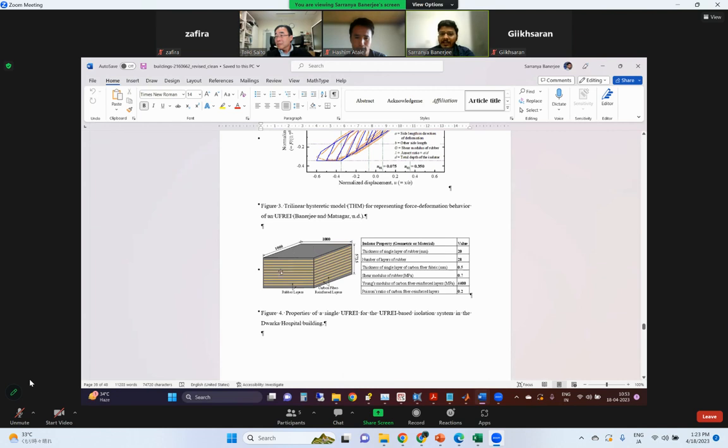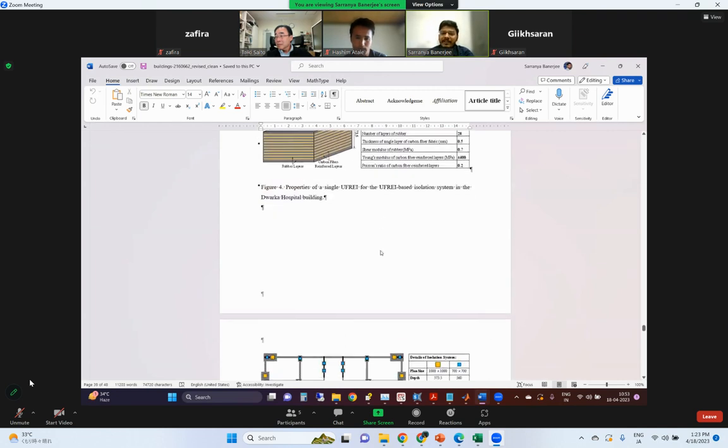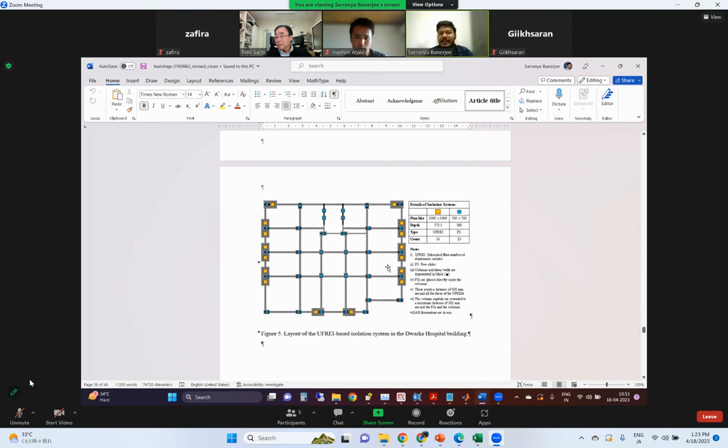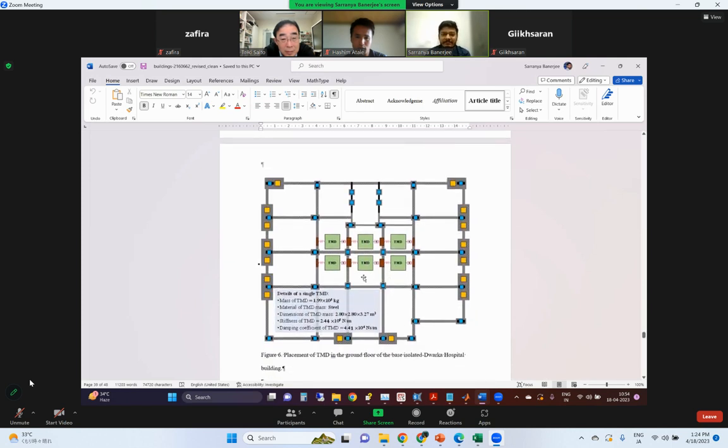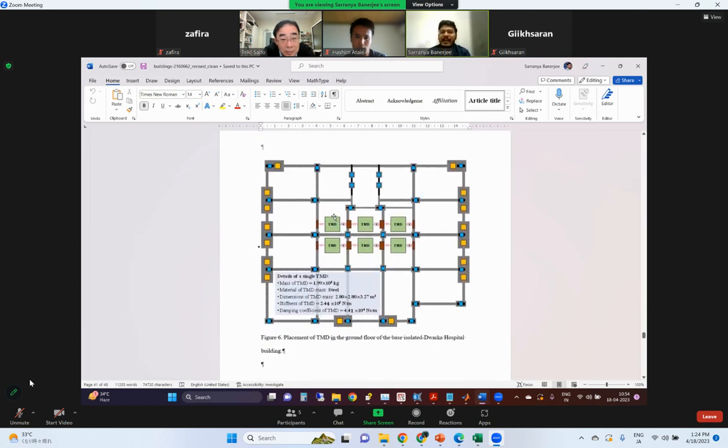When I added the TMD, I wanted to make it practical, not just a single model. Similar to what Adesan has done, I calculated the mass and dimensions of the TMD considering steel material, and placed the TMD inside the building.